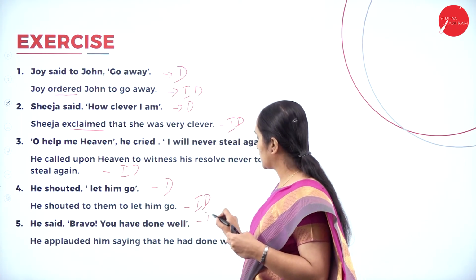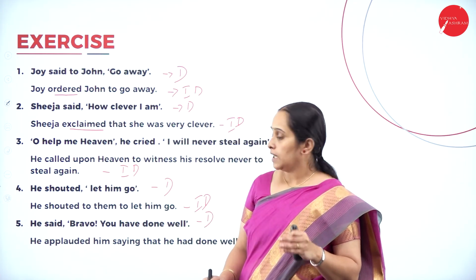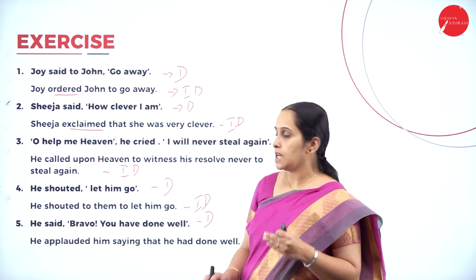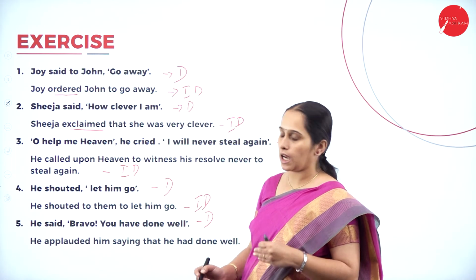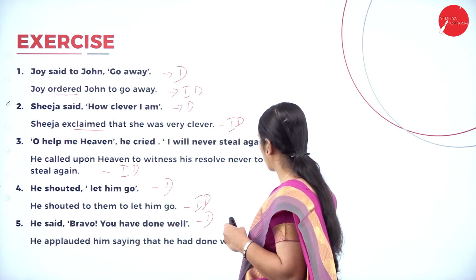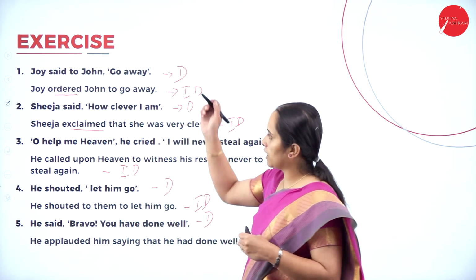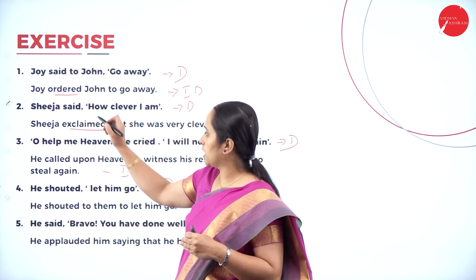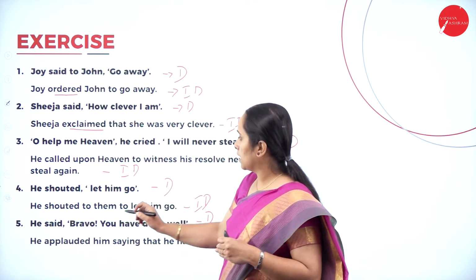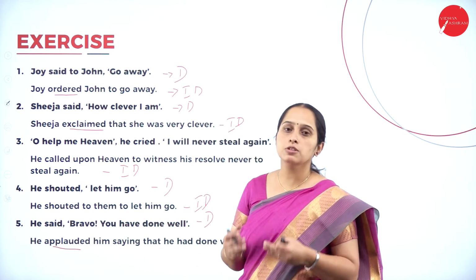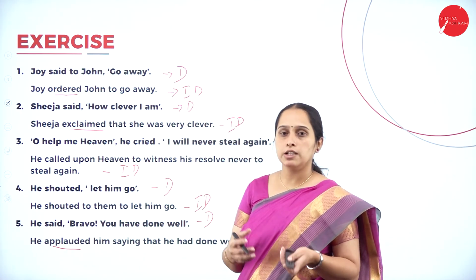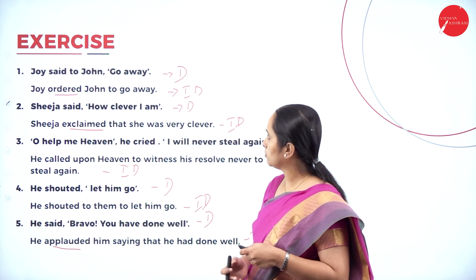So this is direct speech. He applauded him, saying that he had done well. So this is indirect speech. Here you can use words like ordered, exclaimed, and applauded. All these words you can use when you change into indirect speech.